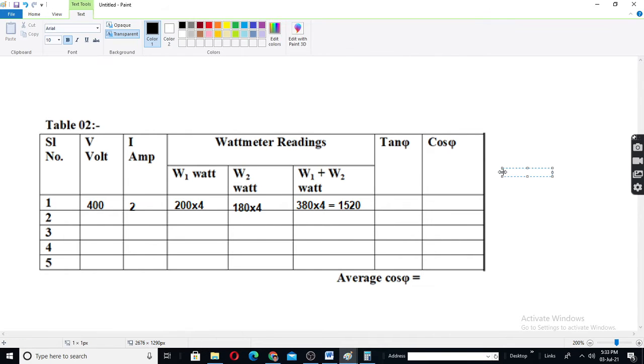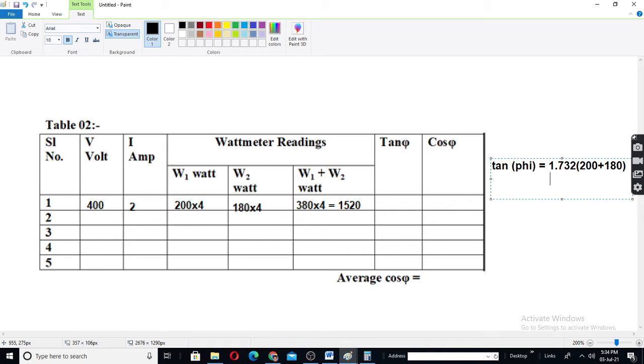So we will get tan phi, okay, I will write phi, tan phi equal to root 3, means 1.732 into (200 minus 180), divided by W1 plus W2.